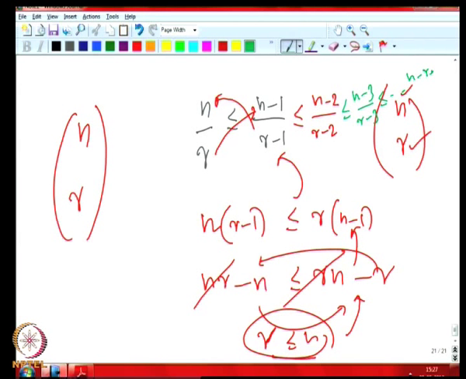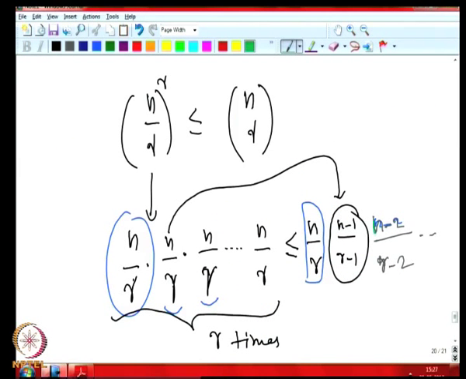We reach n minus r plus 1 by 1, so r times we go, and this will keep on increasing. So that is what we are saying. The next one will be replaced by n minus 2 by r minus 2, and then n minus 3 by r minus 3 and so on.